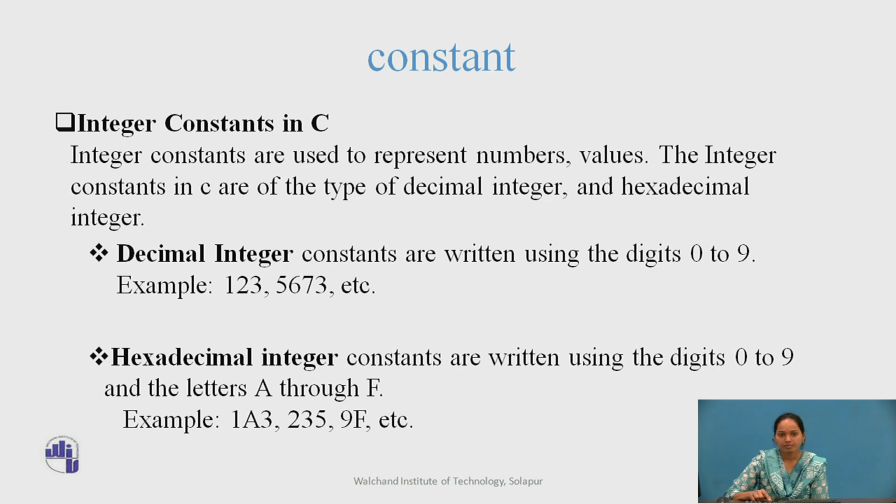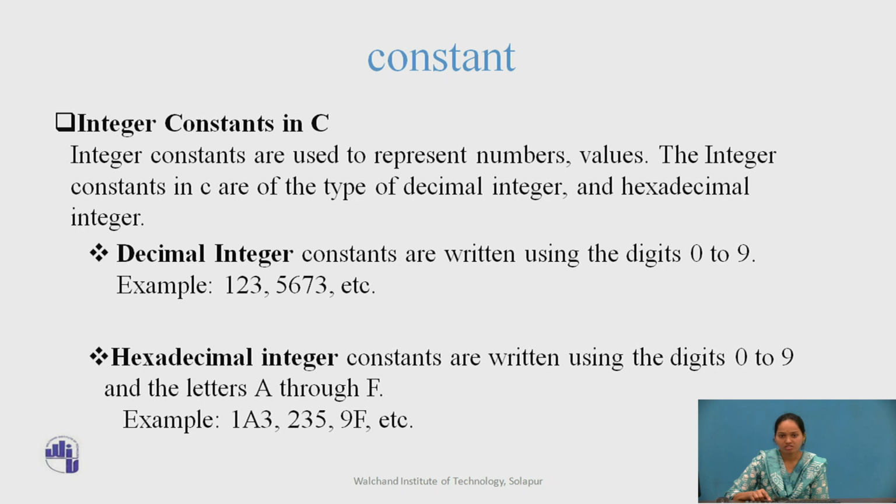First one is the decimal integer. These constants are written using digits 0 to 9, means 0, 1, 2, 3, 4, 5, 6, 7, 8, 9. Example: 123 is an example of a decimal integer. Next is the hexadecimal integer.